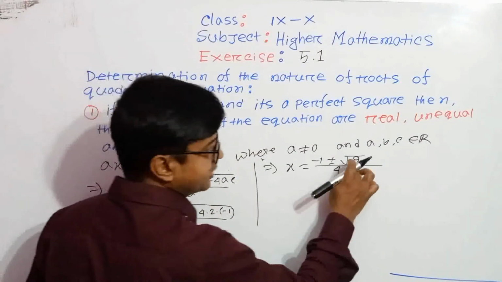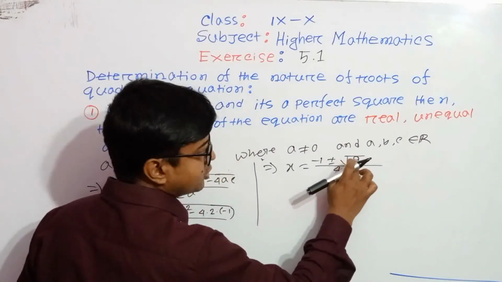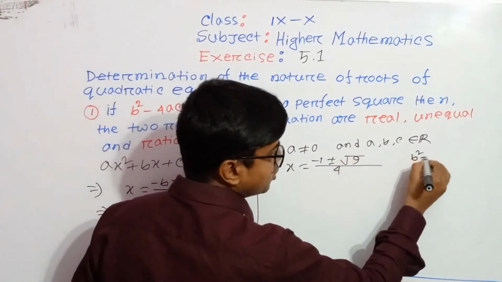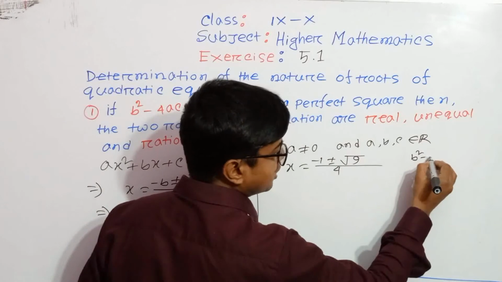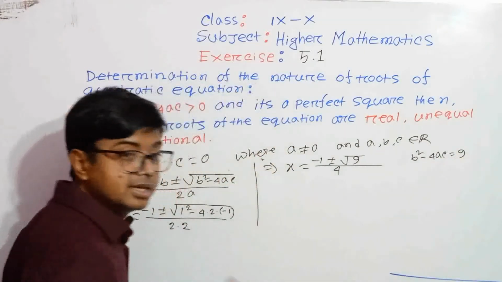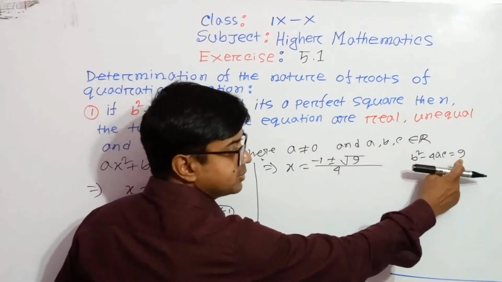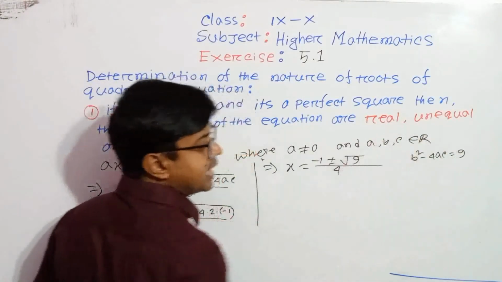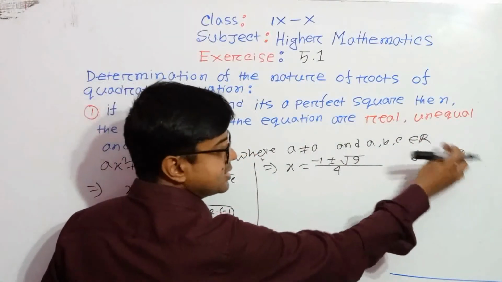Look at this. Here square root 9. So b squared minus 4ac equals 9. Here 9 is a perfect square number and also greater than 0.